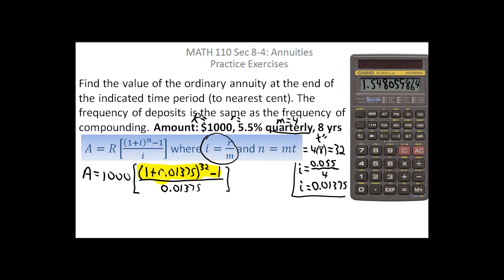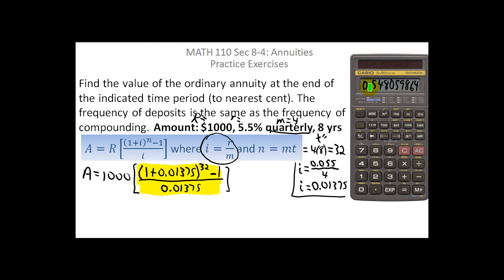Looking back at the calculation in progress, the next thing I want to do is subtract 1. Since the exponentiation part is already in the calculator display, I just need to do minus 1 equals. I get 0.5...4 0.05408059864. Again, looking back, that quantity needs to be divided by little I, which is 0.01375.